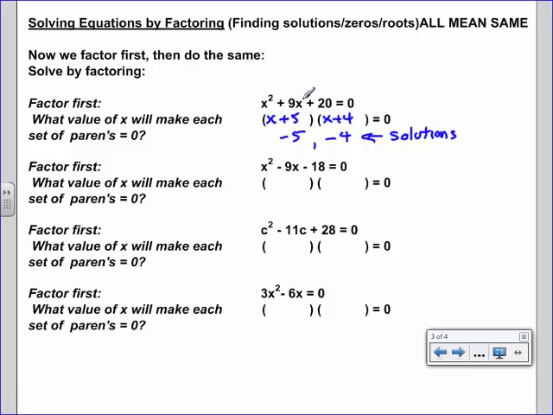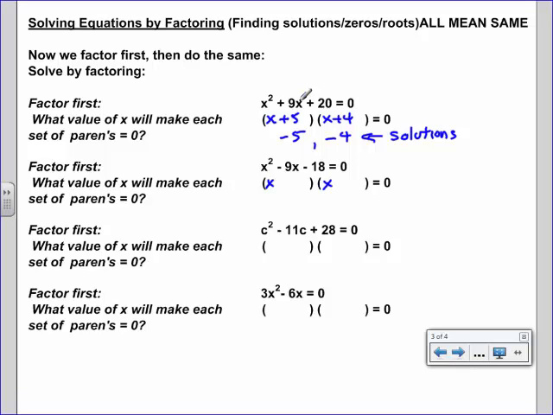Okay, factoring the next one, we have to have one positive and one negative. So they have to multiply and give us negative 18 and add to give us negative 9. Well, let's see if there is anything like that.